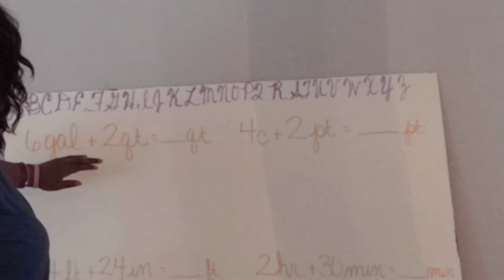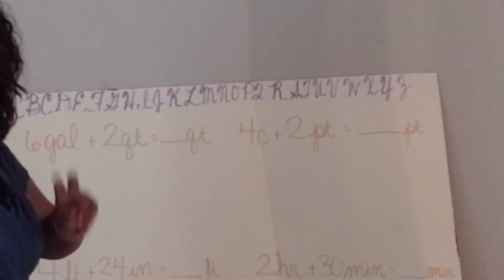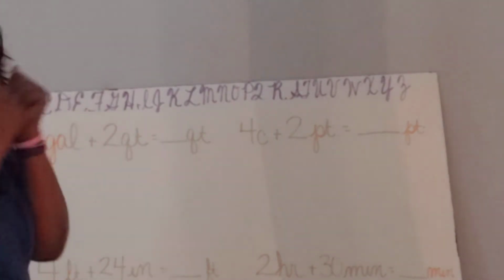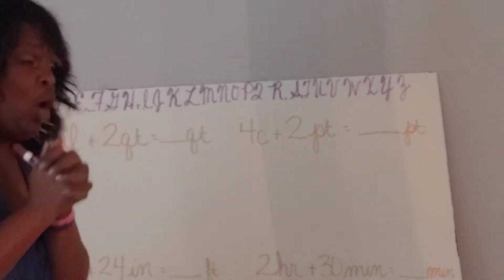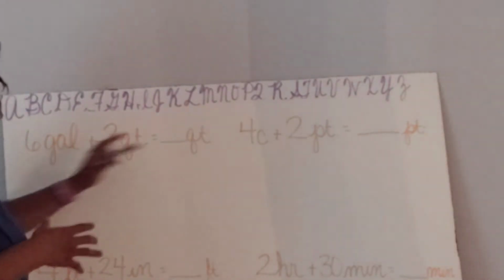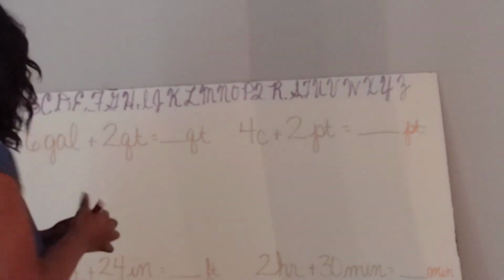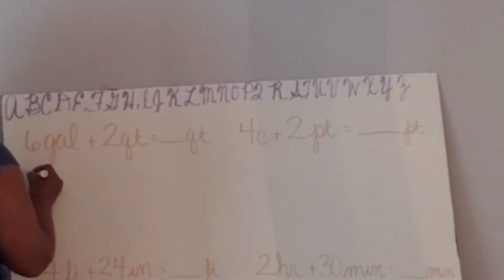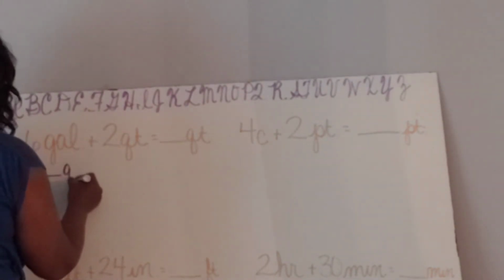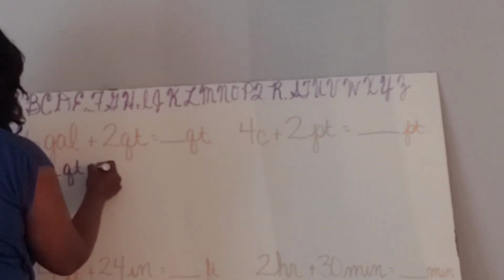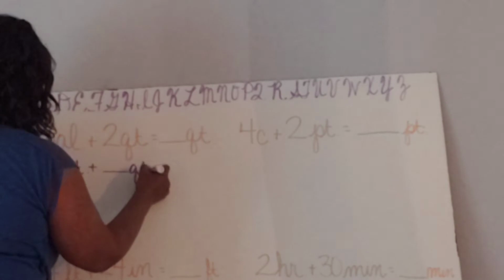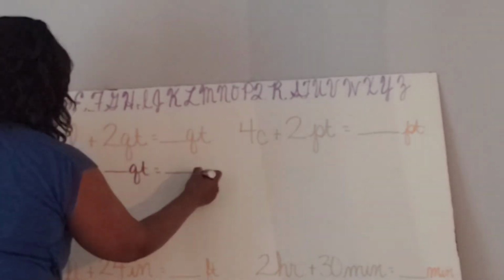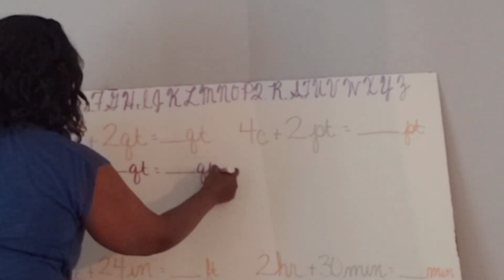So we have 6 gallons plus 2 quarts equals, my quarts are missing. Oh no. Once I find that my quarts are missing, I need to write that down as a hint. I have blank quarts. I'm going to add it. But again, it's blank quarts equals, I don't know, blank quarts.